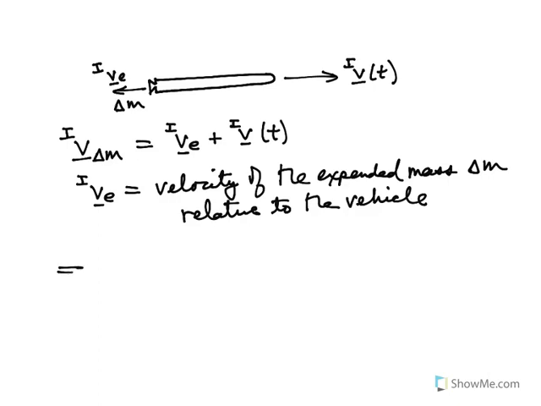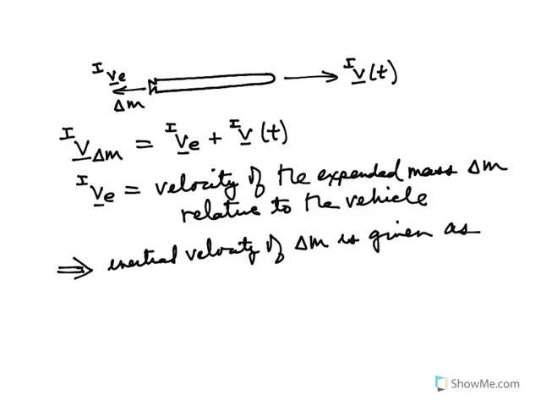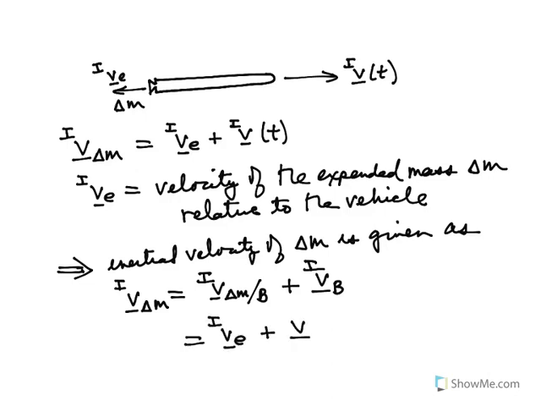And that implies that the inertial velocity of delta m is given as, let's write it this way, that v delta m i is equal to the velocity of delta m relative to the body plus the velocity of the body. Right? But that's equal to what I had said, VEI plus VI, because VB is equal to VI and v delta m relative to B is equal to VE.